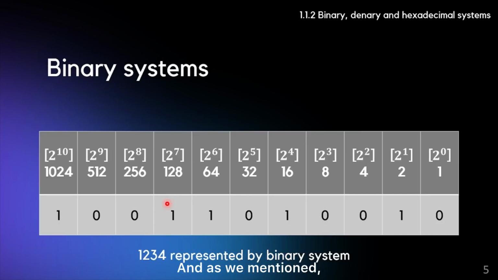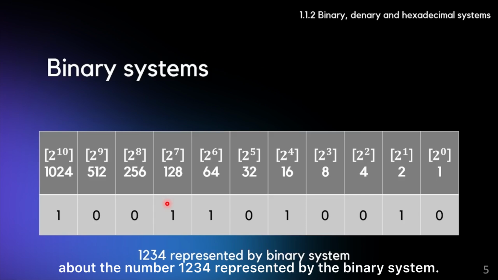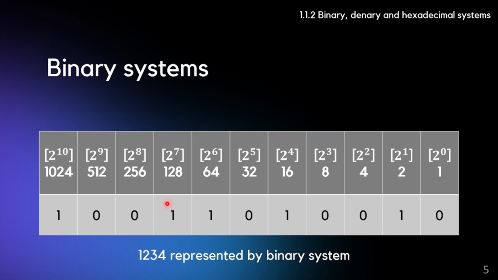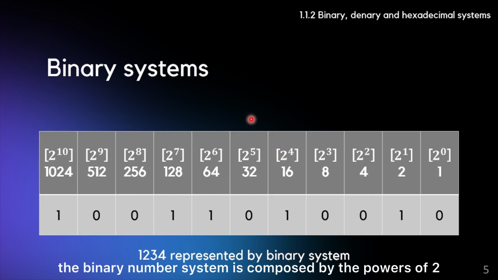And as we mentioned, the computer usually uses the binary system. So let's take a look at the same example, the number 1234, represented by the binary system. We can see the table here is the representation of the binary system of the number 1234. Like the denary system, the binary number system is composed by the powers of 2.